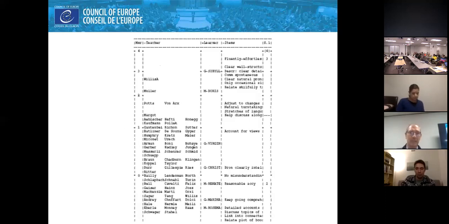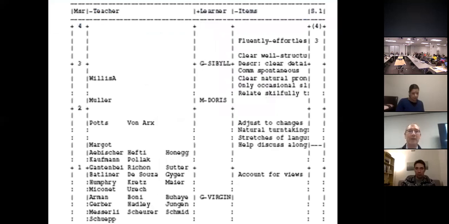This is what the output from a Rasch model looks like. And this is from the original CFR research. These are the students here. Those are the teachers, and there's a massive difference in severity in the teachers. They're also being measured. And over here, you can see a truncated version of the items. So if we look at Sibylla, Sibylla can describe things.